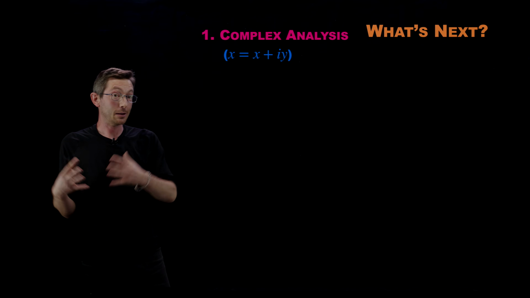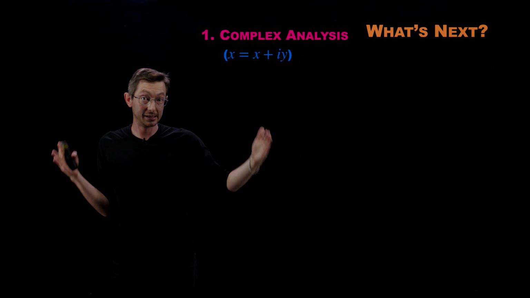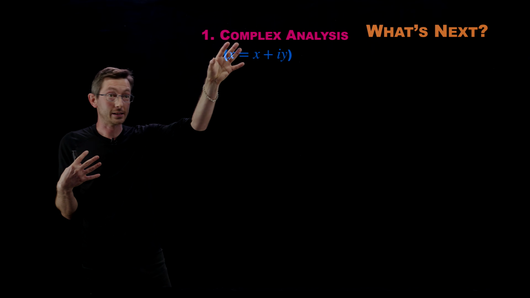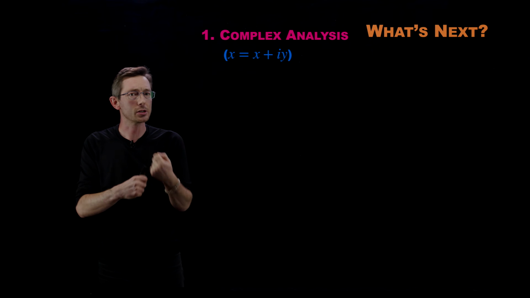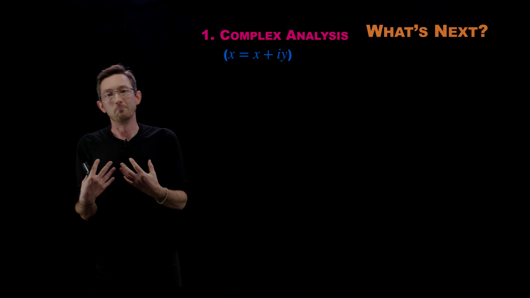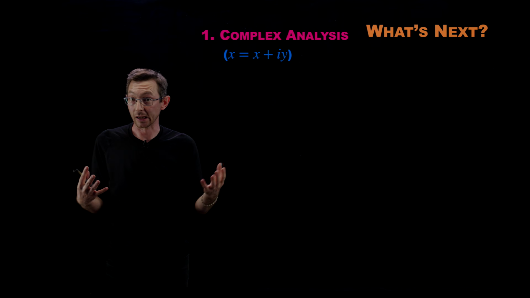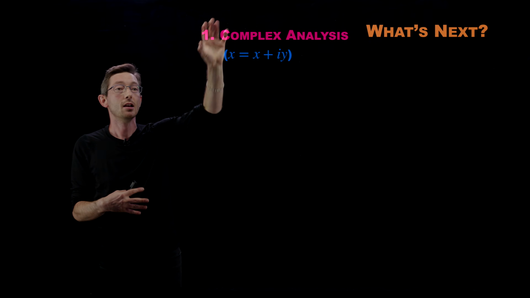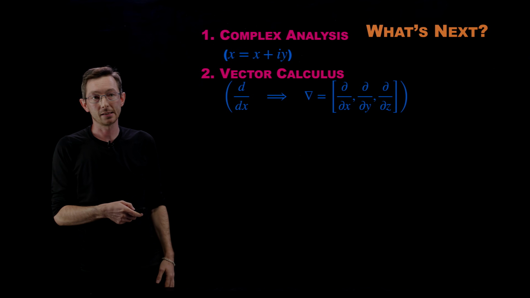Okay, so what's next? At least when I teach this as a 2-quarter sequence for my students, I have 2 weeks on complex analysis. So solutions of differential equations are naturally going to involve complex numbers and complex functions. So not in this sequence, but in a future sequence, we'll spend 2 weeks on complex analysis.